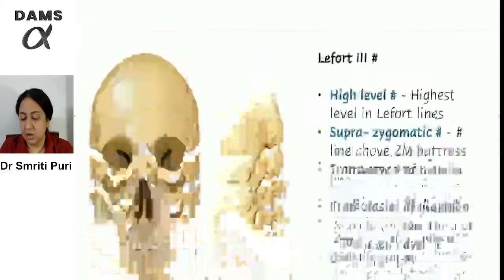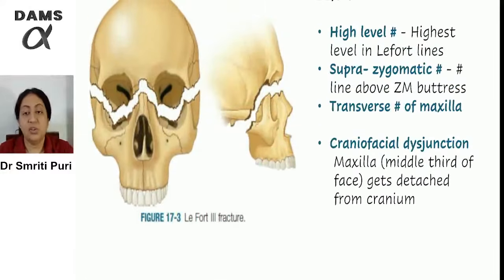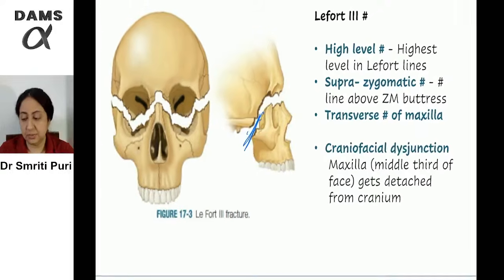Right? Quickly see the fracture line. Keep this image in mind. The fracture line of a Le Fort III fracture starts from the frontozygomatic suture, involves the medial wall of the orbit, floor of the orbit, lateral wall of the orbit, and involves the zygomatic arches.